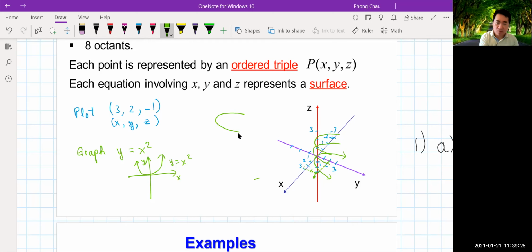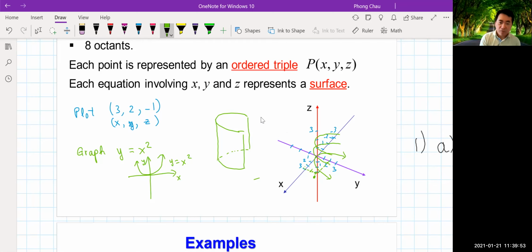I don't know how to describe it. Not good at drawing three-dimensional things. So it's going to look like this, right? Except of course it's going to go toward the right infinitely.